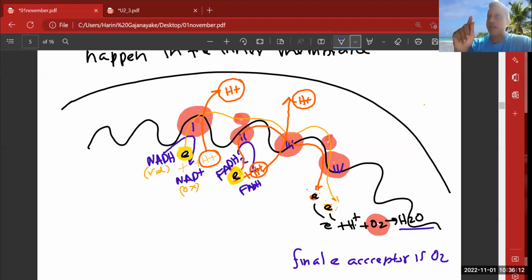Then in light dependent reaction, hydrogen ion accumulates inside the thylakoid. Here, hydrogen ion accumulates in the intermembrane space, between these two membranes.